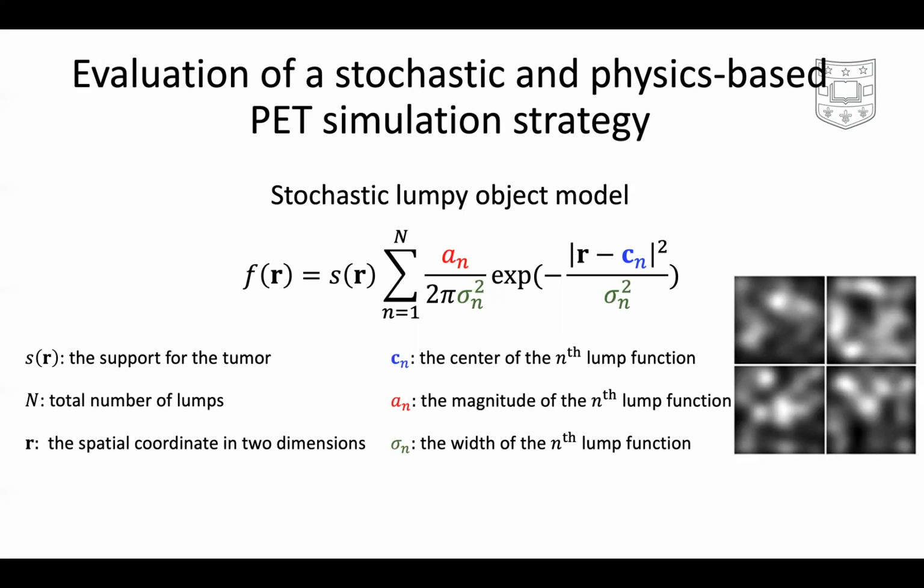In this equation, SR denotes the support for the tumor, N denotes the total number of lumps, Cn, An, and sigma n denote the center, magnitude, and width of the nth lump function respectively. To model the tracer uptake as a random process, Cn was uniformly distributed within the tumor support. An and sigma n were uniformly distributed within the predefined range, but were scaled based on the tumor to background intensity ratios that are extracted from the clinical images. In the figure here, we show examples of the lumpy object model with different choices of parameters.